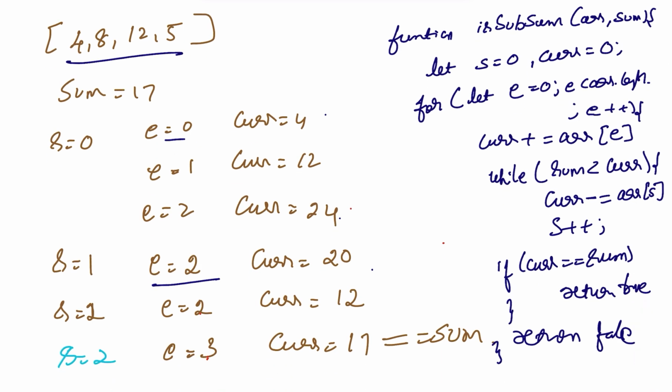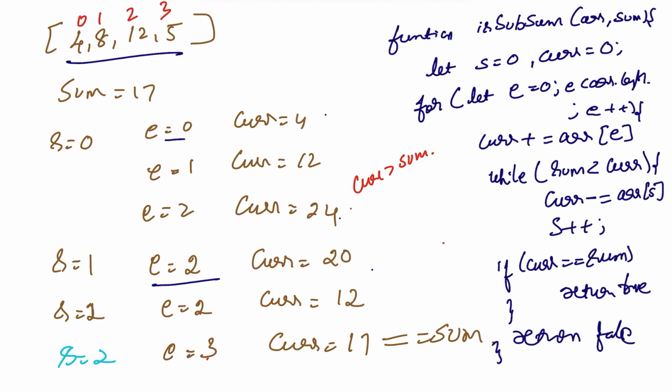Here we can see that I have taken the same numbers and I'm going to iterate just once, from 0 to the length of the array, and I'm going to check when it's equal to the sum. But when the current is greater than sum, we are going to make sure we remove the first elements.